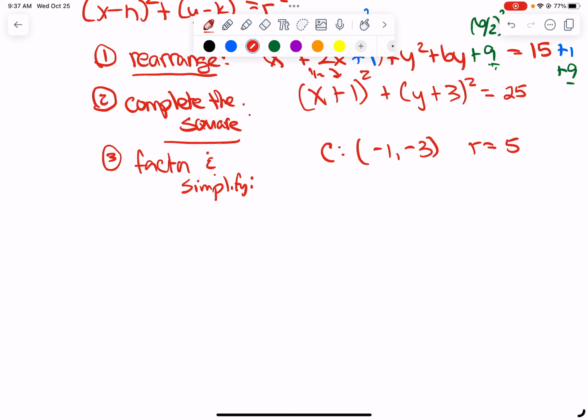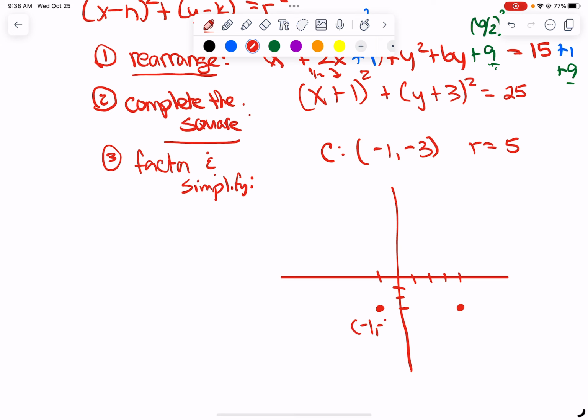So I believe when you graph these on MATLAB, if I quickly just sketch in a coordinate plane system, here's (-1, -3). Plot that center point. Remember, the radius is 5, so that means we can go 5 in any direction that we wish. In this case, I'll just go 5 out horizontally.